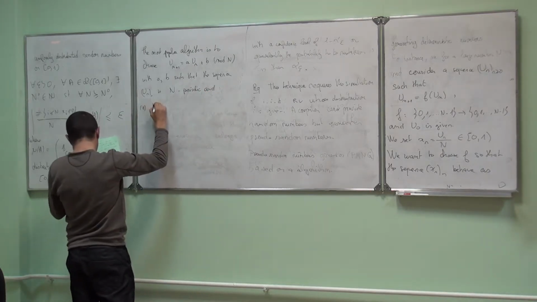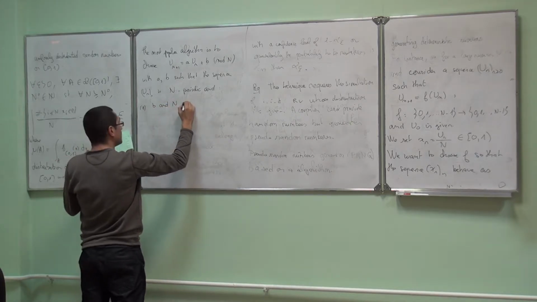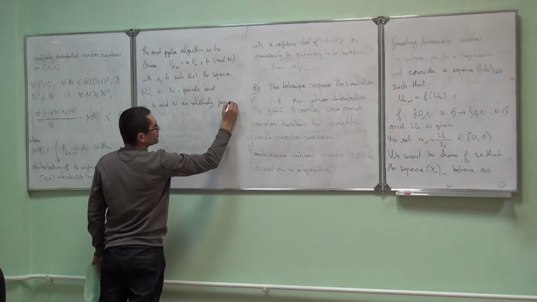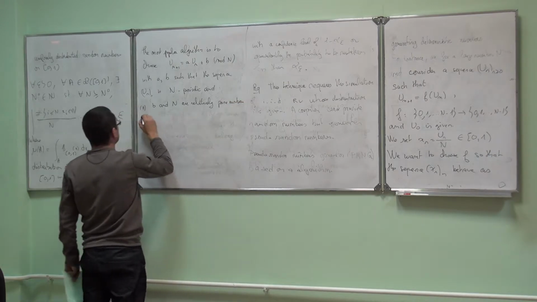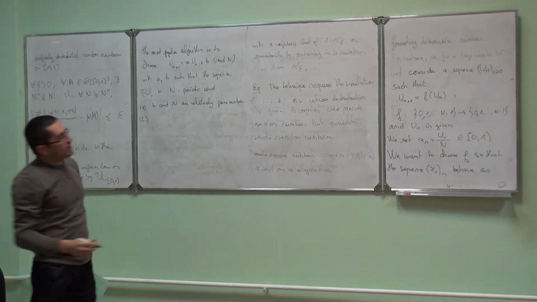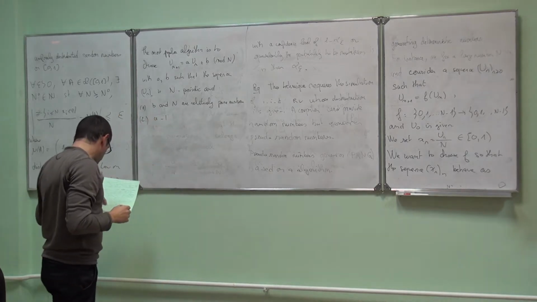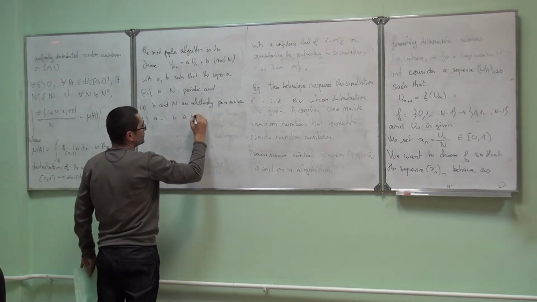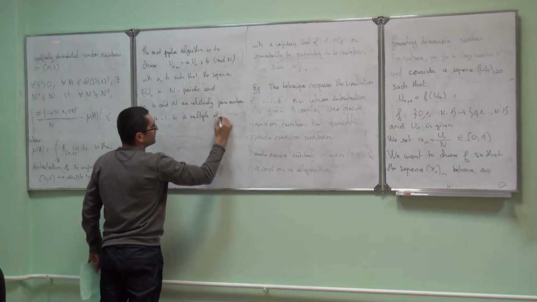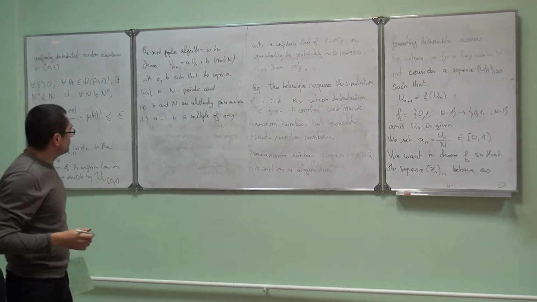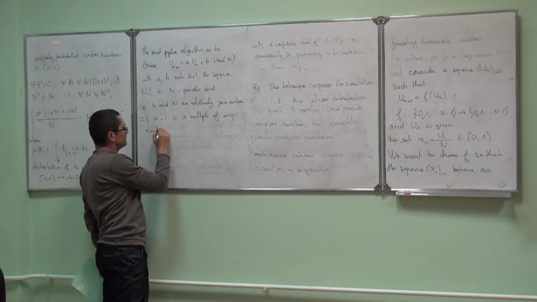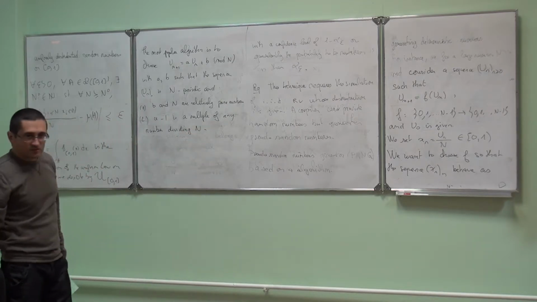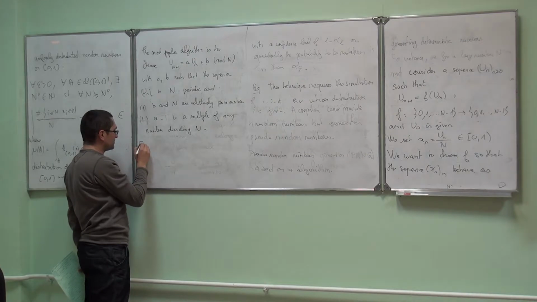First, b and capital N are relatively prime numbers, and secondly, a minus 1 is a multiple of any number dividing capital N.